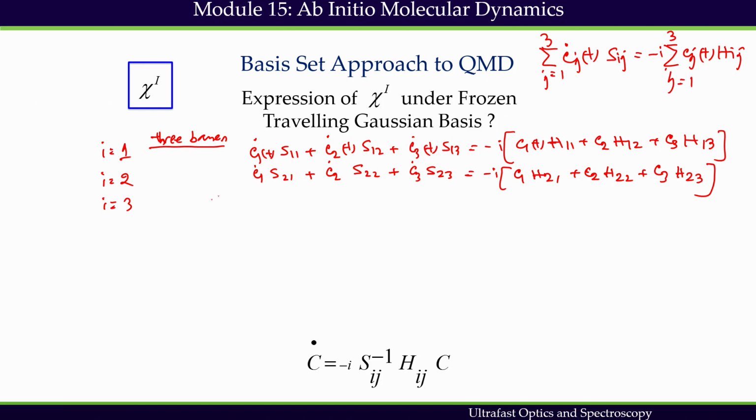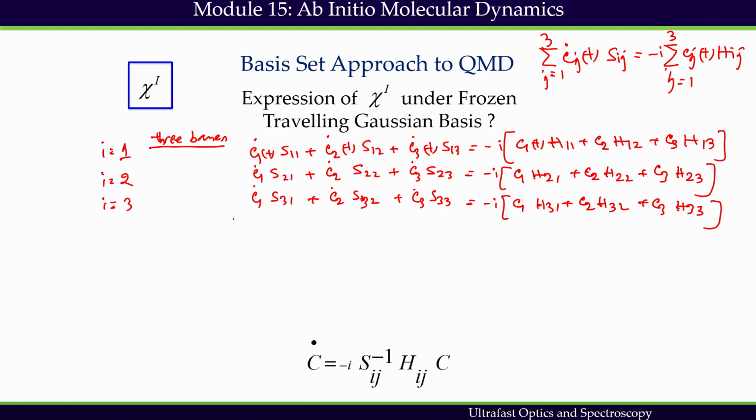And again for i equals 3, c1 dot S31 plus c2 dot S32 plus c3 dot S33 equals minus i times (c1 H31 plus c2 H32 plus c3 H33). These three equations can be expressed in matrix form.